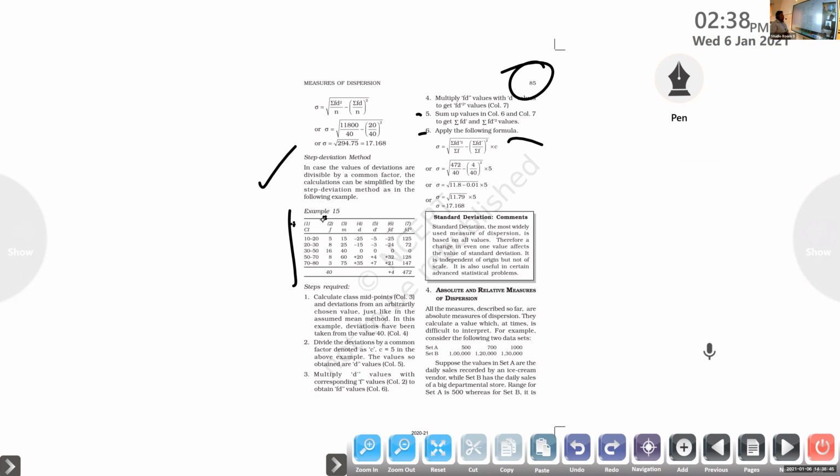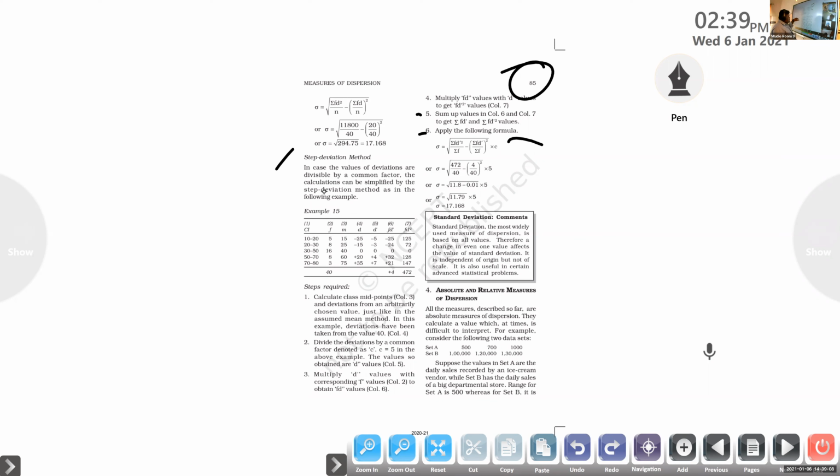First step, calculate the midpoints of the class. That is the third column here. So far in different sums we completed that task. Midpoint is the lower limit plus the upper limit divided by 2.